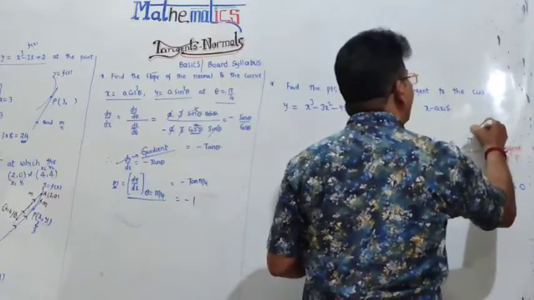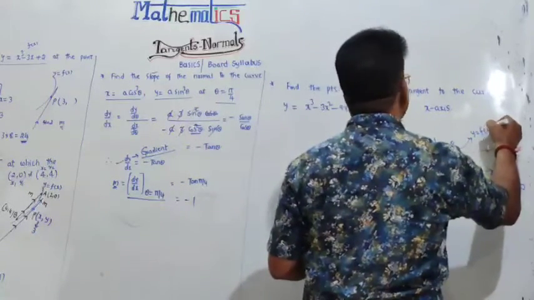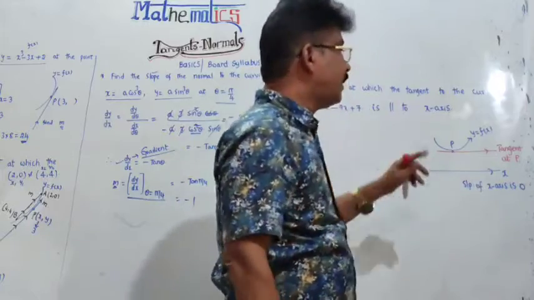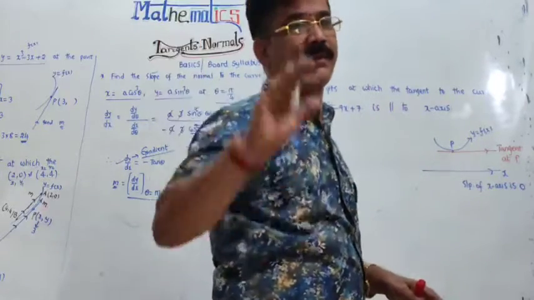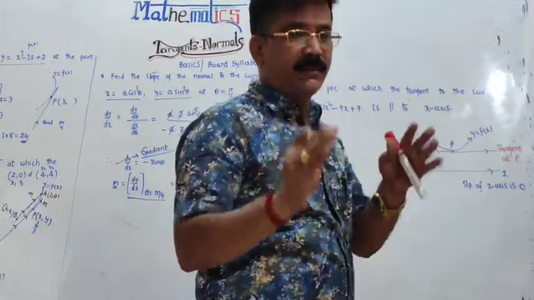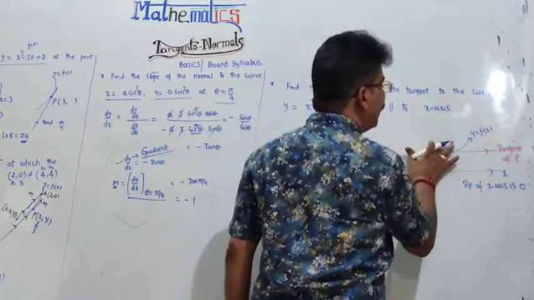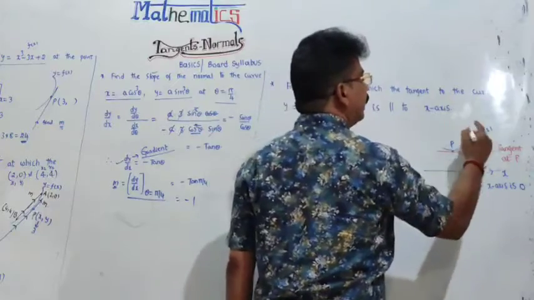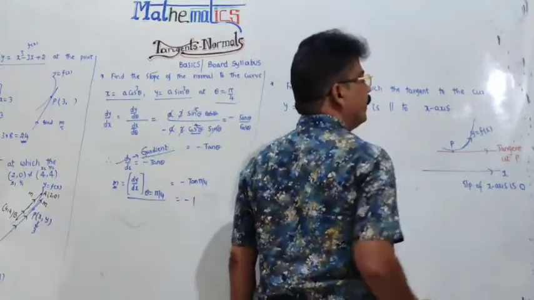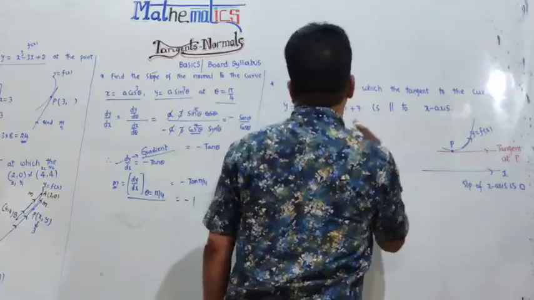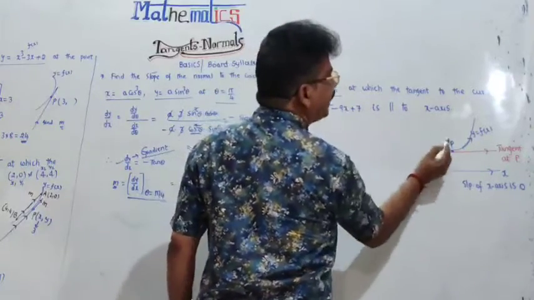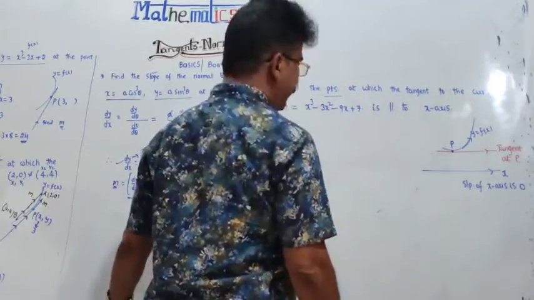I am not telling this is the parabola. Just it is y is equal to f of x. For our mathematical convenience, I do it like that. Don't say parabola. Understand? Right. This is the curve. Okay. What is the question? Find this point of contact. Right. One minute.